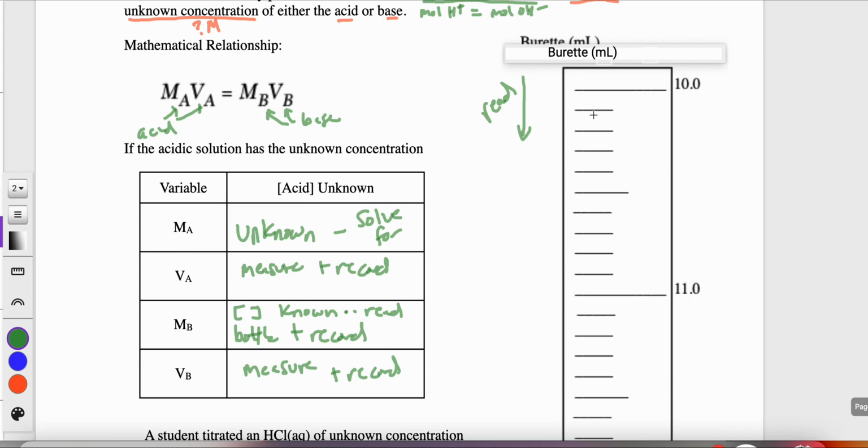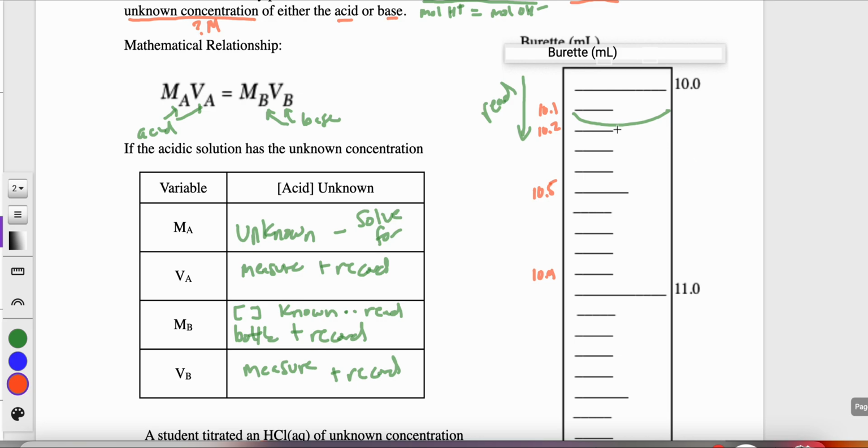So wherever the meniscus of the solution or liquid inside the burette is, let's see, this is where it's starting. This line is 10, so that means that this next little line means 10.1, and then 10.2, and the slightly longer line is 10.5. The line just before the 11 mark is 10.9. So my meniscus has passed 10.0, 10.1, but it has not reached 10.2.